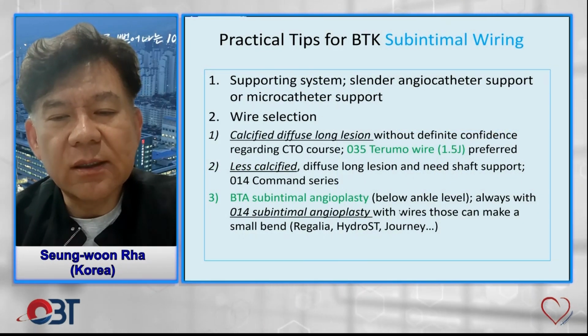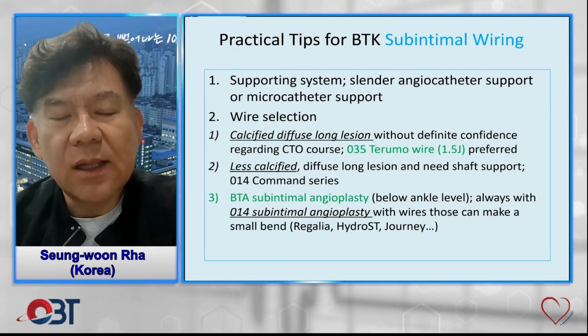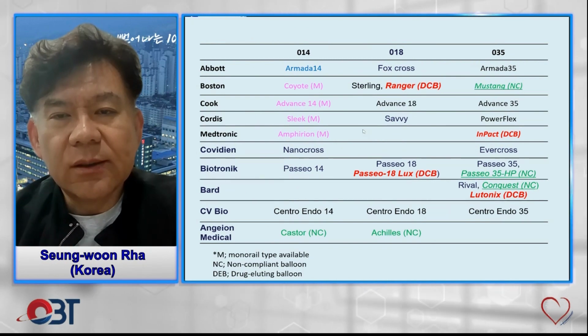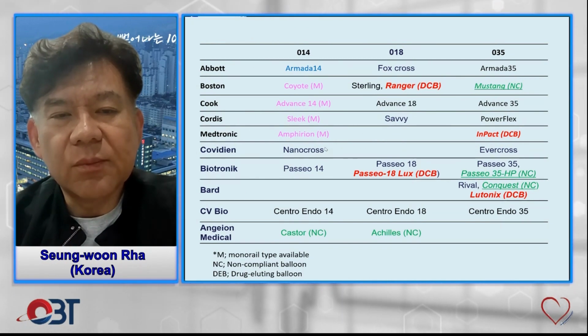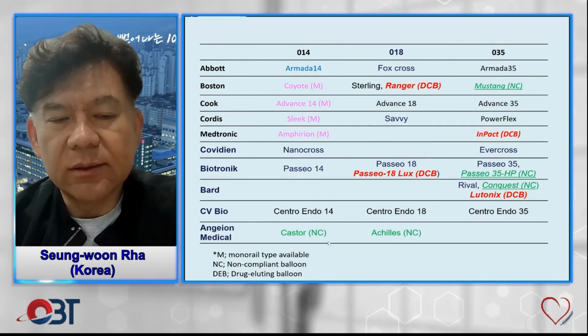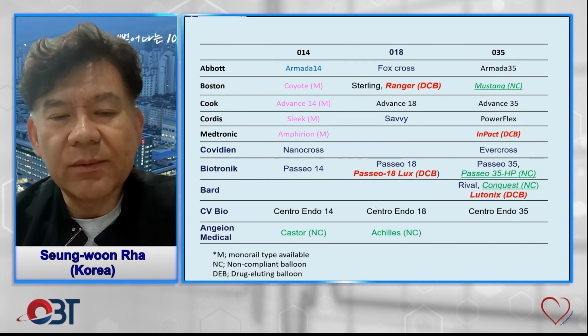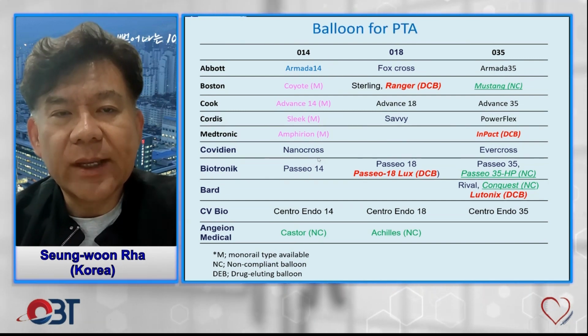But that is an angulated area, so it's better to go with the 14 system. Otherwise, it will rupture. So these are the available DCB, or the monorail, or the long or the tapered balloon available in Korea. Only one non-compliant balloon is available in Korea.